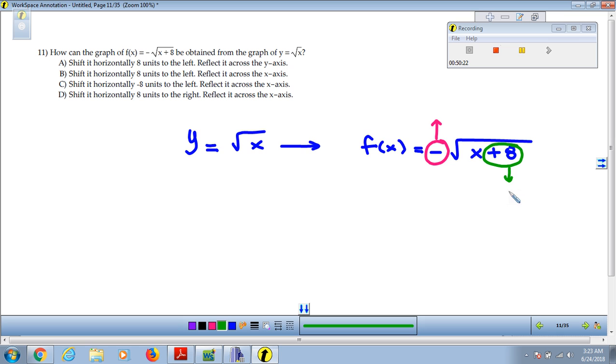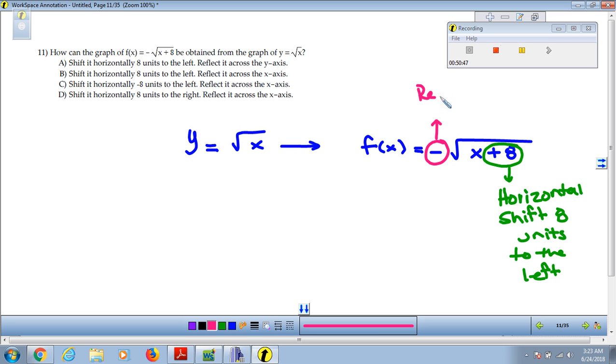So this means that there was a horizontal shift 8 units to the left. And this negative here means that there is a reflection about the x-axis.